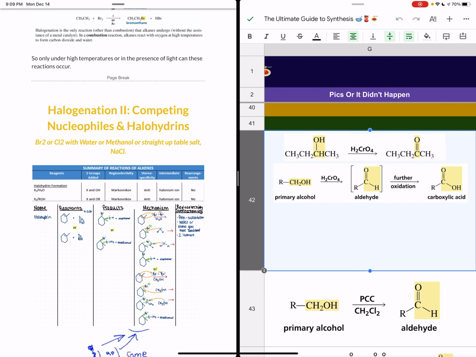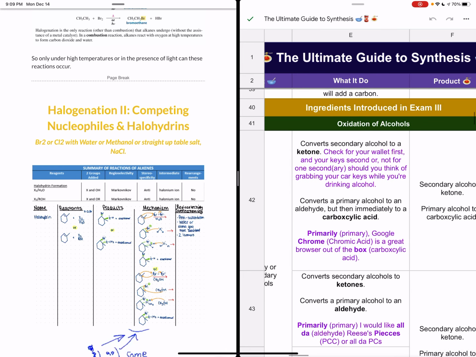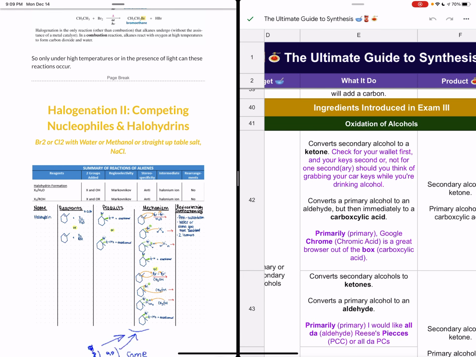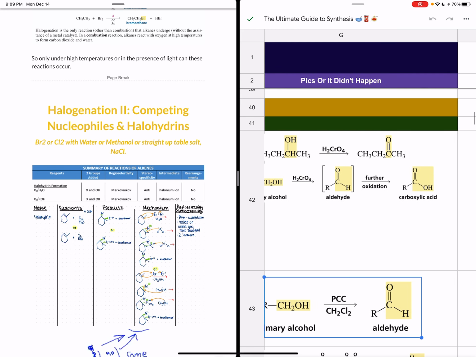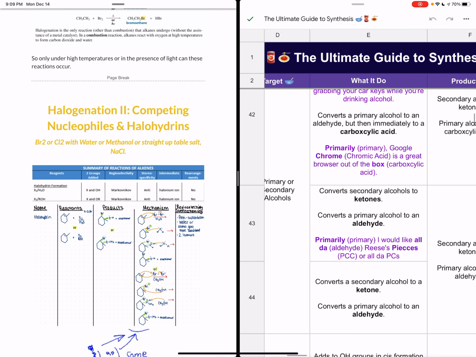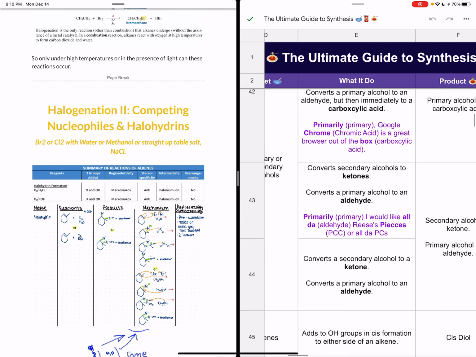I remember this because primarily Google Chrome is a great browser out of the box, which means if I have a primary alcohol and I add chromic acid, I'm going to form a carboxylic acid, okay? Now, PCC is going to make an aldehyde. It'll basically stop at an aldehyde. The way I remember that is that primarily I would like all the recipes: all the PCC, all the aldehyde PCC.